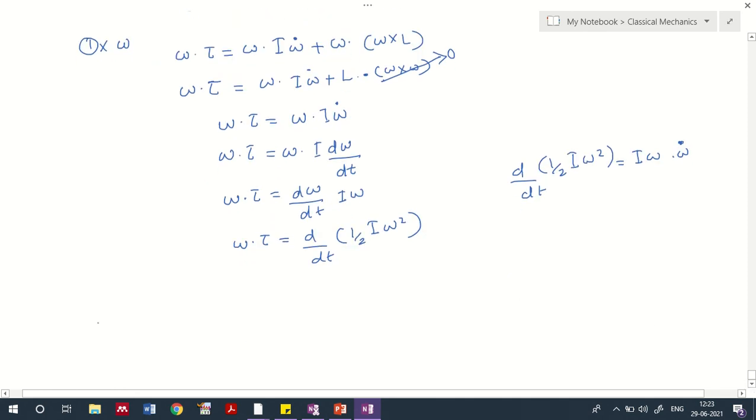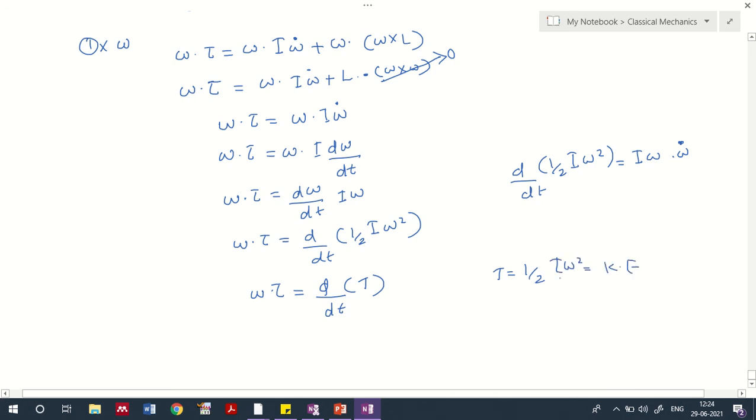What is half I omega square? It is our kinetic energy, so we can represent it as d by dt of T, where T is equal to half I omega square, the kinetic energy.